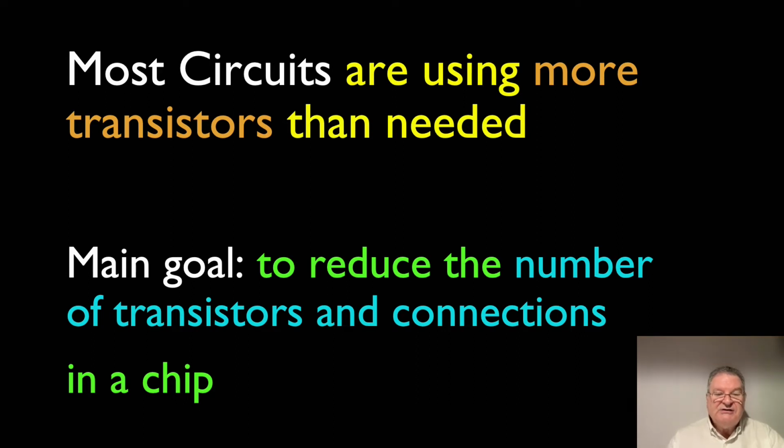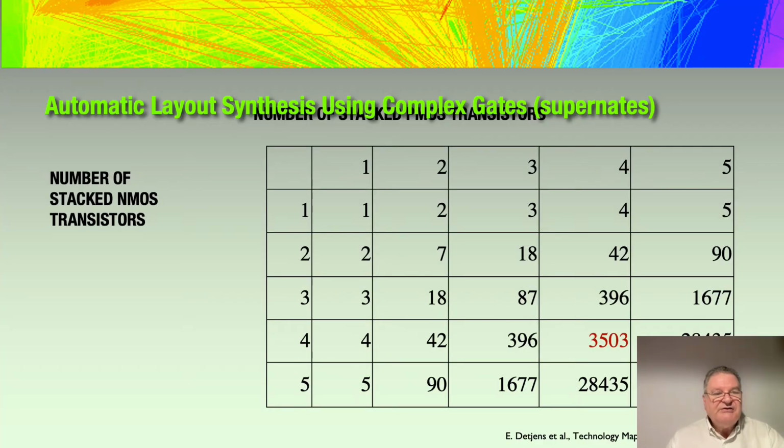Connections also, because the amount of connections is also a problem in many modern designs. So it would be great to reduce the number of connections as well. Here is a result published in ICCAD a long time ago, and we can see the number of functions that we can have by using 4 stacked NMOS transistors and 4 stacked PMOS transistors.